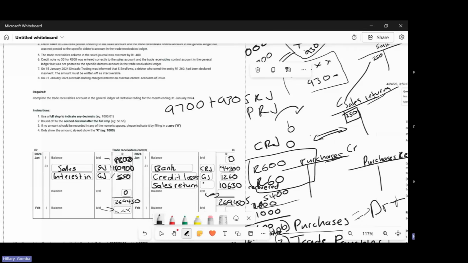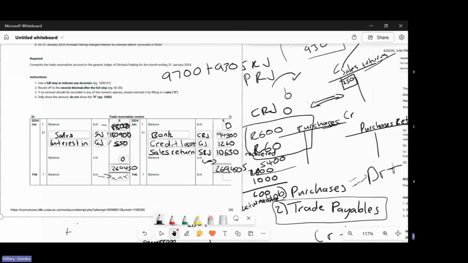And then now, since we know that the debit side is equal to 269,450, we subtract everything that's on the left: minus 94,300, minus 1,260, minus 10,630. How much do you get?